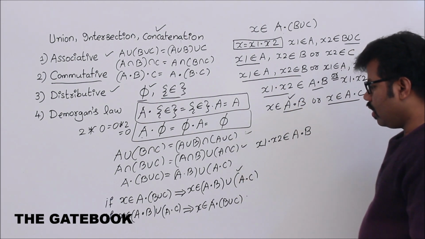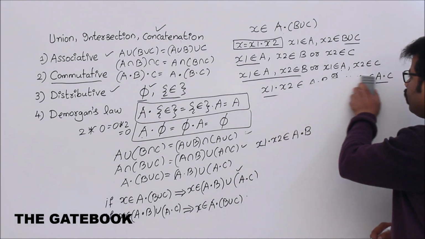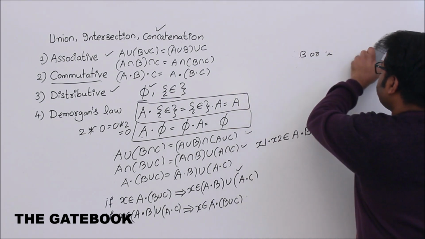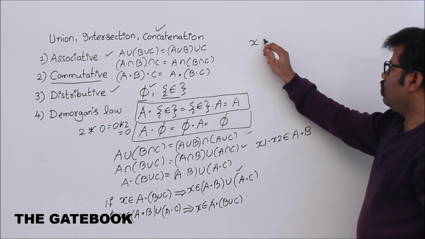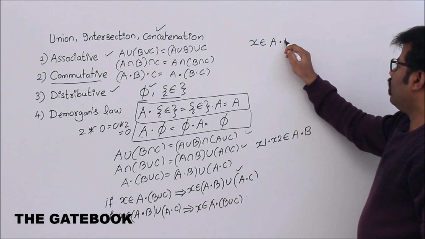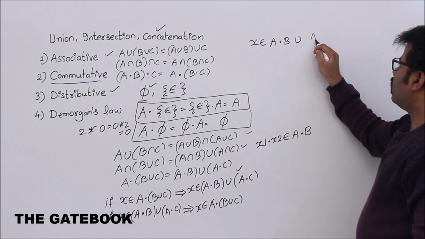Now we'll see this one. Let us take x belongs to (A dot B) union (A dot C).